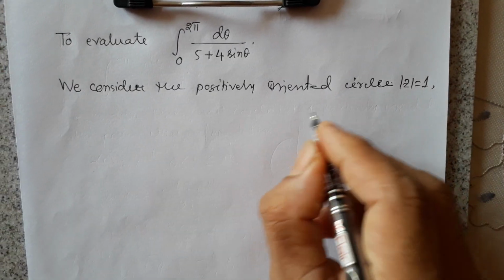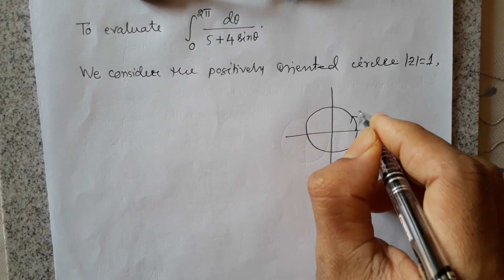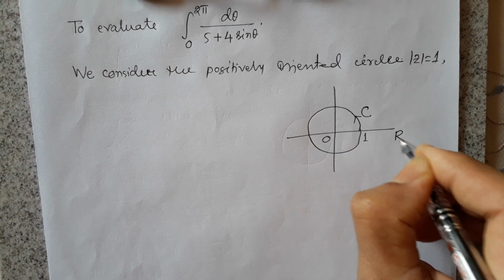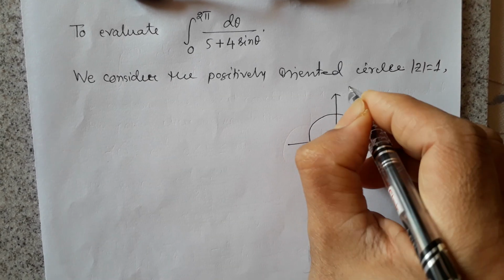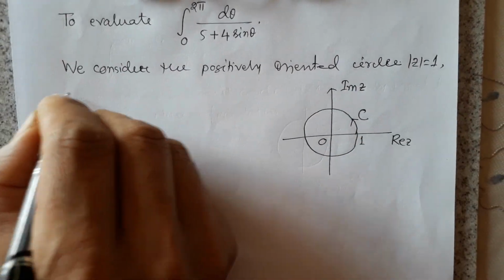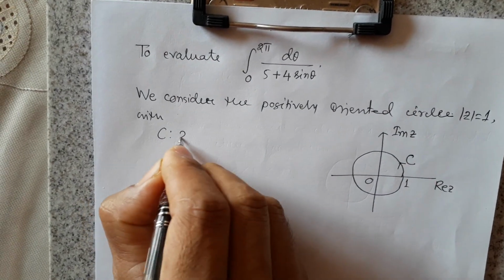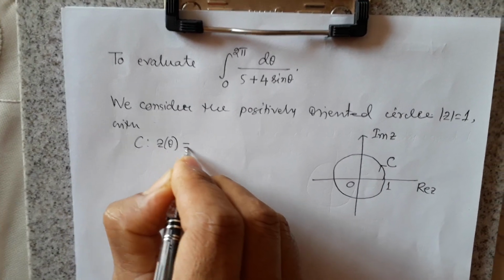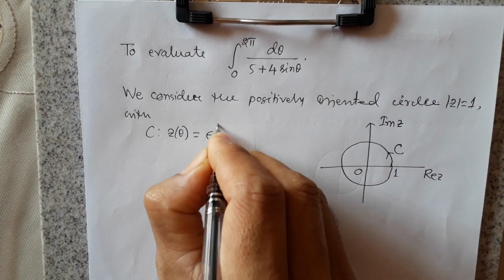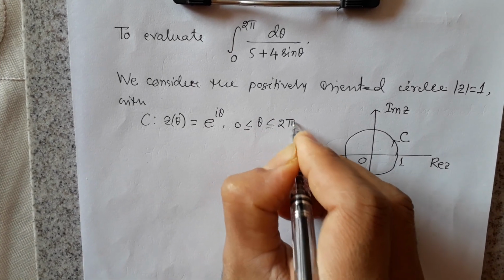So this is the positively oriented circle C, modulus of z equal to 1, and this is the real z axis and this is the imaginary z axis. The parametric form of C is z of theta, the radius is 1, so it is just e to the power i theta, where theta varies from 0 to twice pi.